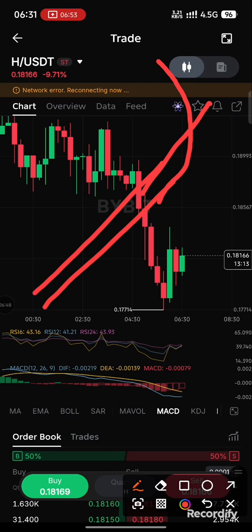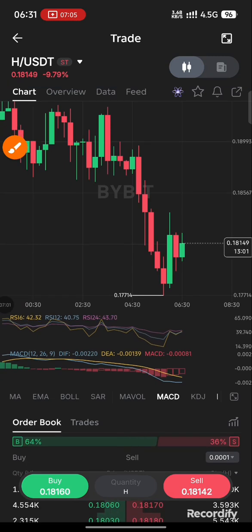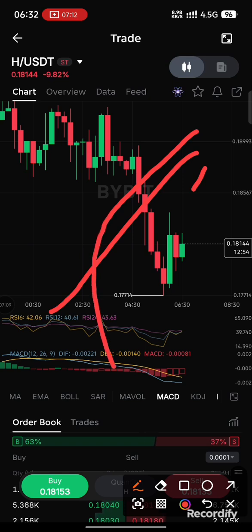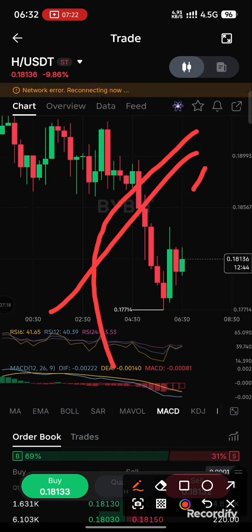And likewise, when the MACD line crosses the signal line downward, then you should sell, because it indicates that the crypto will now be coming down, falling, or reversing.